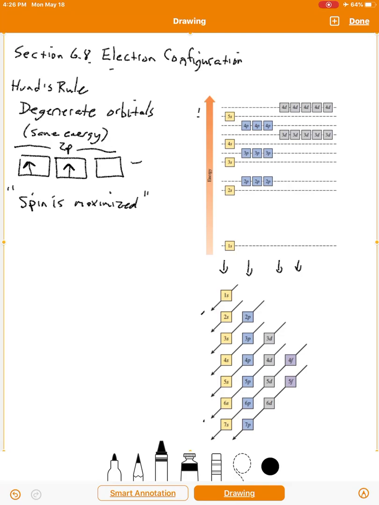These are called parallel, meaning they're pointing in the same direction. Okay? That maximizes spin. Spin is additive. So if you wanted to know what the total spin of these 2 electrons were, they're both plus a half.